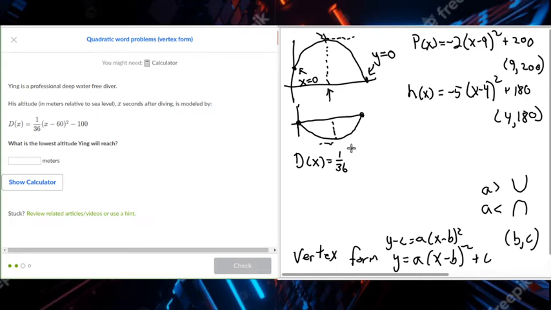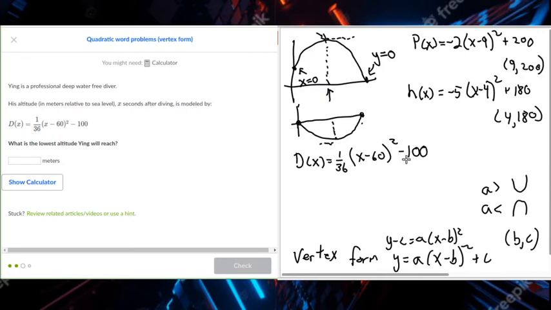And x minus 60, squared, minus 100. So we know that our a is 136. It opens up, but 136 means it's really like a plate and not like a bowl, not like a cup.